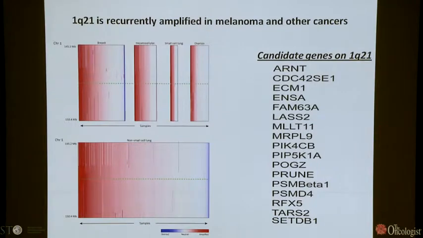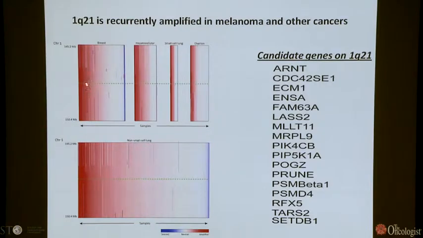And it turns out that 1q21 is amplified not just in melanoma, but actually in several other tumor types, including breast tumors. And so these are GISTIC plots showing amplifications in red, deletions in blue across a number of different tumors. And you could see that, for instance, in this panel of breast tumors, many show amplification of genes in the chromosome 1q21 region, and similarly for small cell lung cancer and non-small cell lung cancer.